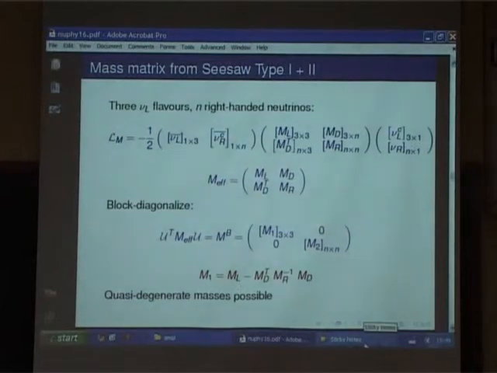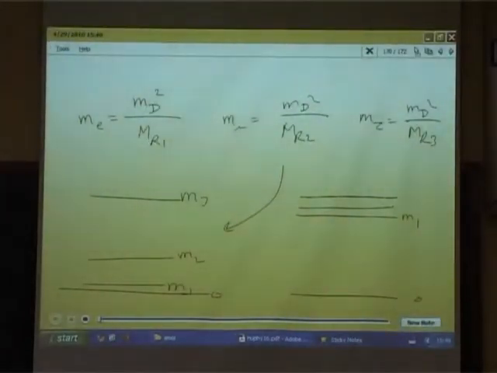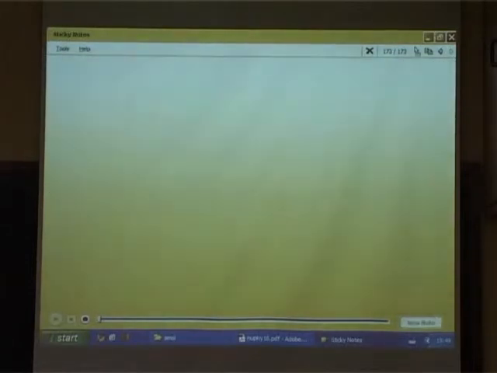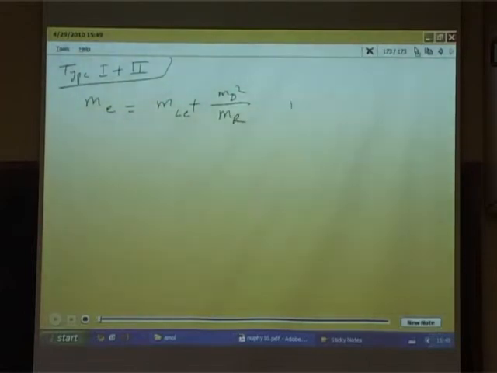So now what happens? Now if I try to give an argument similar to this, I will say that my M electron, this is type 1 plus 2, M electron is some Ml electron plus Md squared by M. And M of muon is Ml muon plus Md squared by M2.